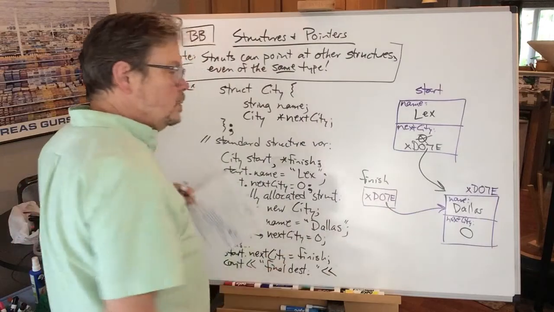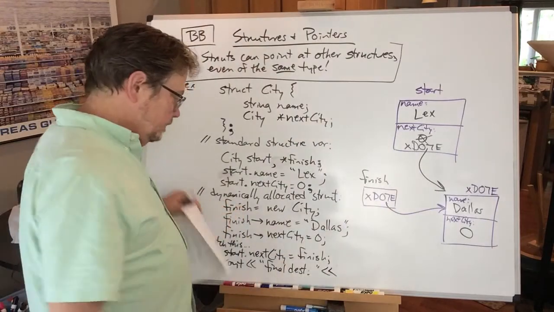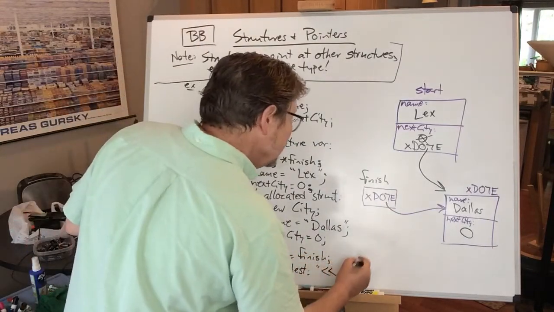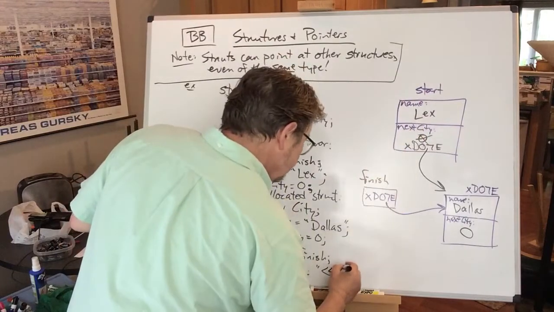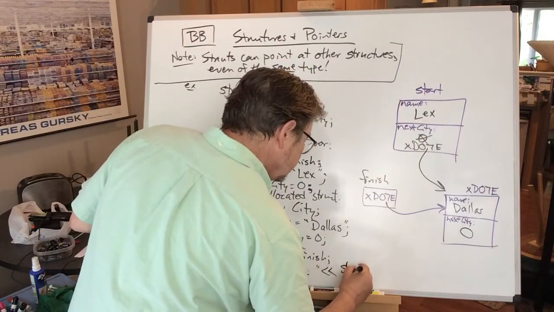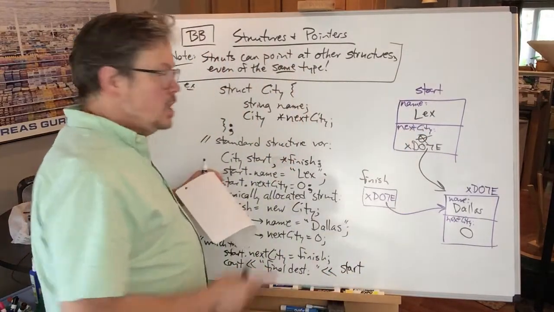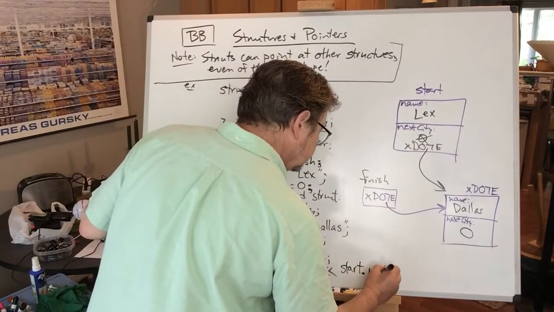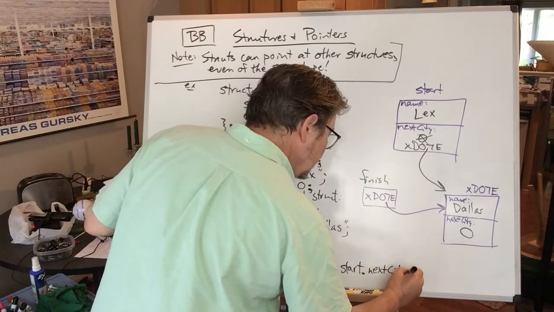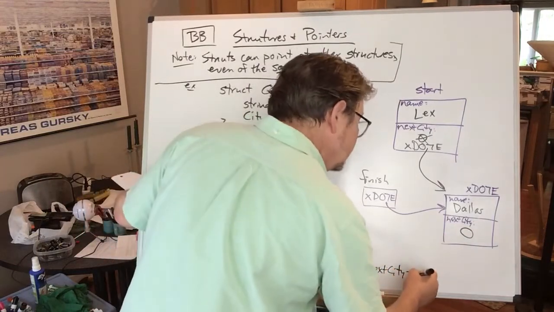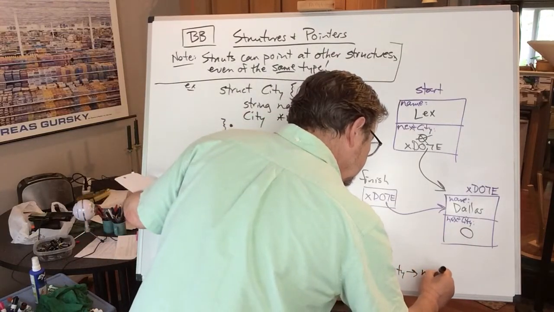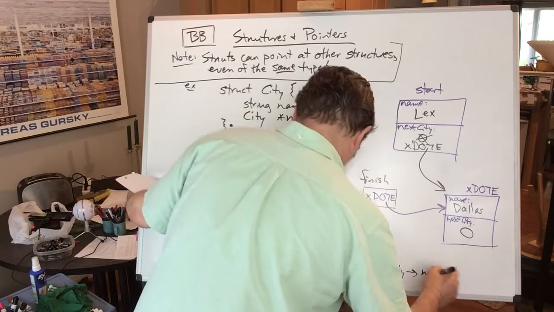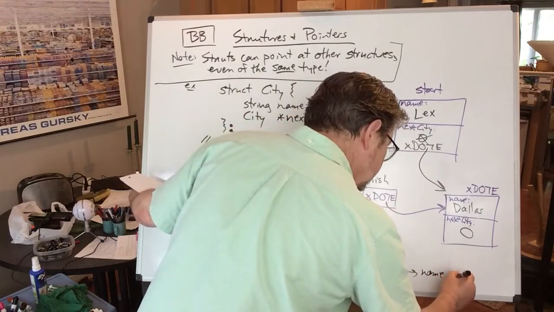I have more than one way to get to the variable that has no name. I'm going to go through the start. Start is the name of the start structure, the starting city. Start dot next city, arrow name, and less than, less than endl.